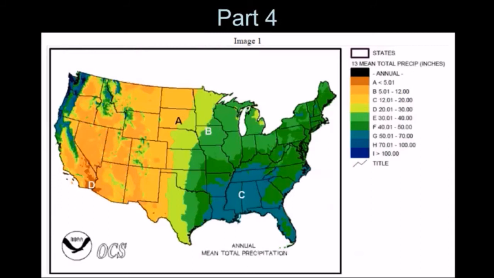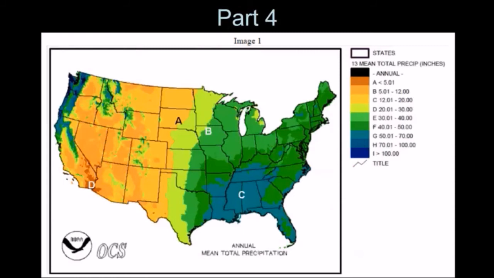So we'll go ahead and look at our first example to help try to understand how to answer these questions. And so for A, we can see it's somewhere in the orange, that light orange category. That light orange category means it's going to be somewhere from 12 to 20 in terms of its value. So if you just put a number anywhere between 12 and 20 in terms of number of inches of precipitation, that would be acceptable because it's in the orange.